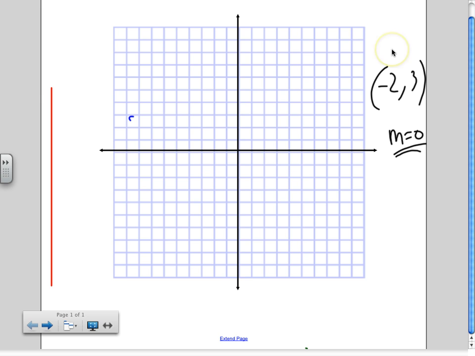An anchored measurement. Okay, I give you an anchor, which is at -2 and 3, right here, right? So I give you an anchor point. What do you expect your line to be this time around? Horizontal. Yeah, because the slope is 0, so all you have to do is basically draw yourself a line like that, and then hey, I got my slope and my line. Done.